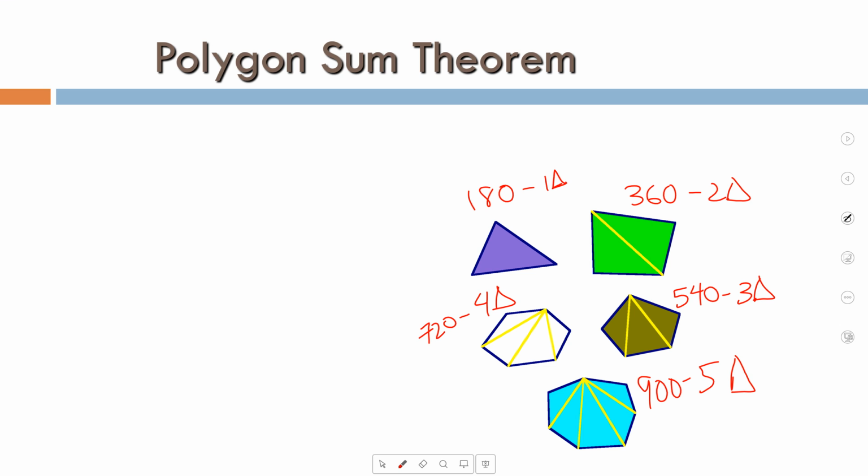So Claire, you're arguing then that a 17 gon would have 15 triangles, which would give me a sum of, in other words, I don't know what 15 times 180 is. How much? 15 times 180, yes. 2,700. 2,700 degrees.